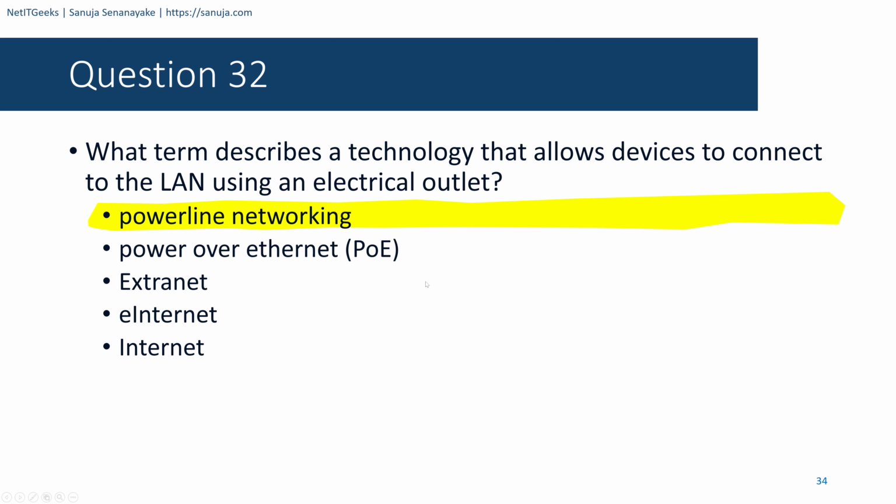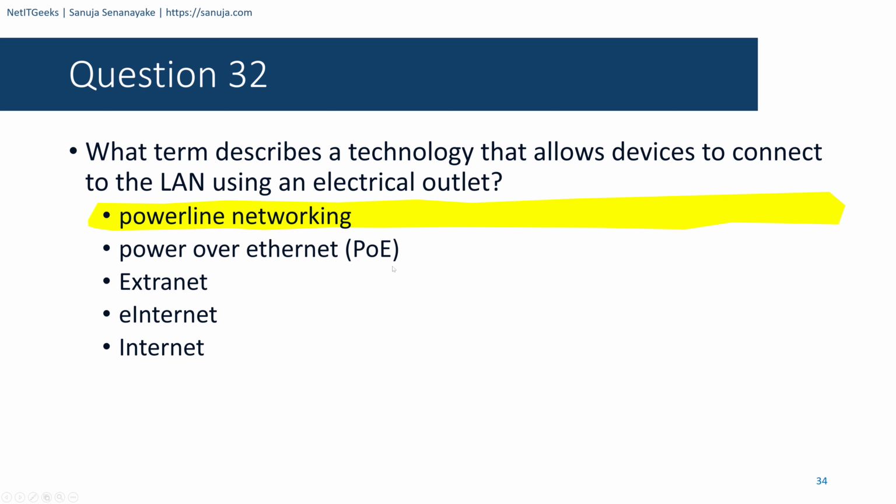Typically the end devices such as network security cameras, security devices, or access points. So if you have a wireless WLAN access point, you can typically power on that device using power over Ethernet if it supports the IEEE 802.3 PoE standards.